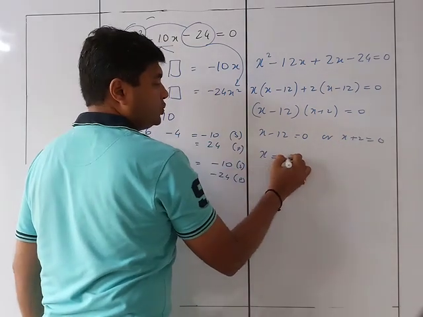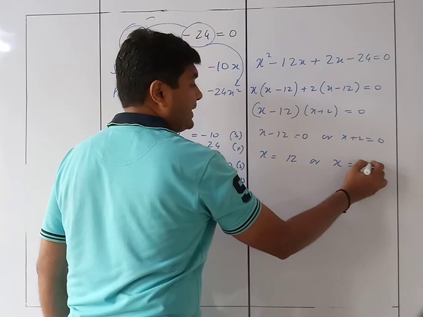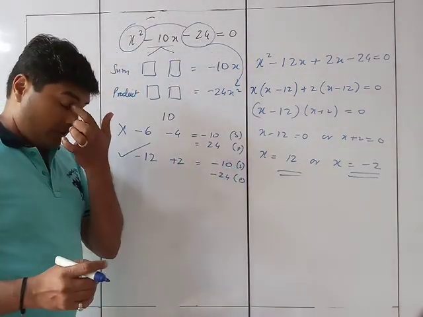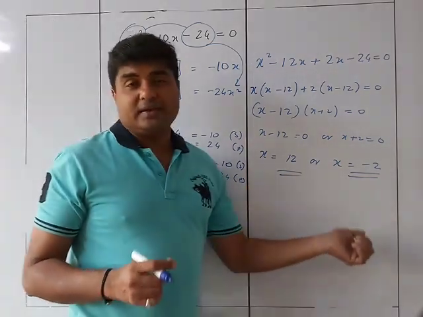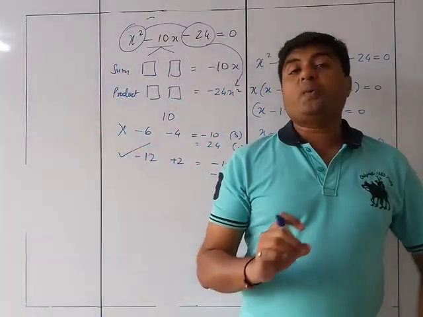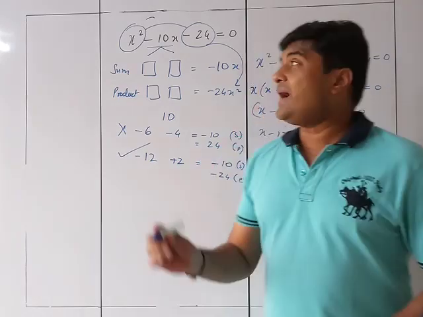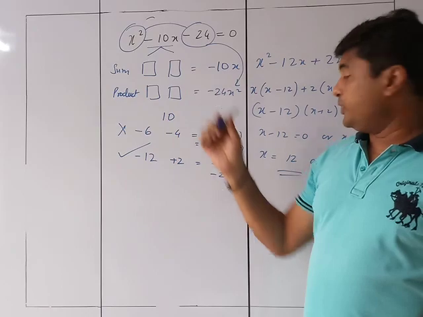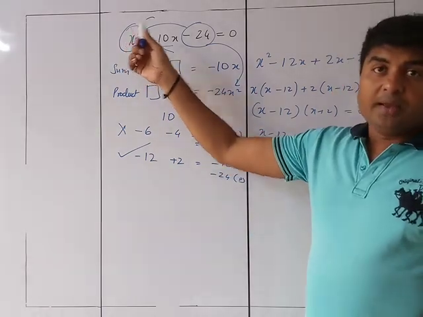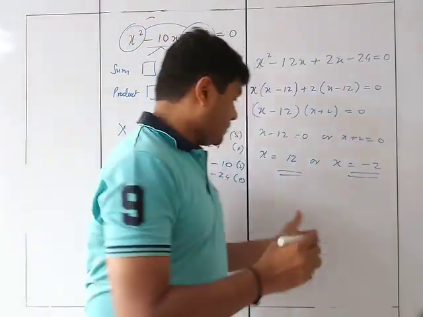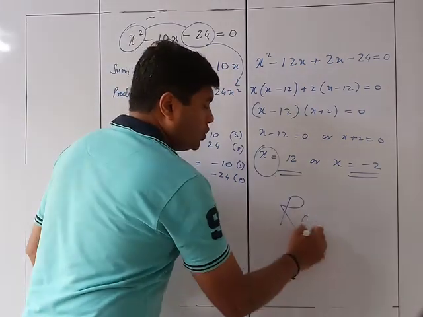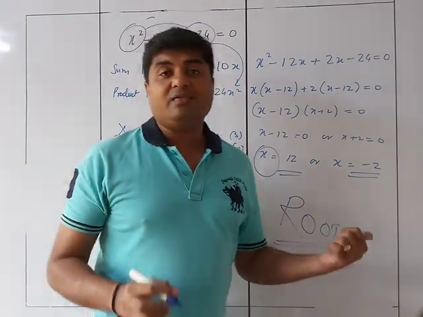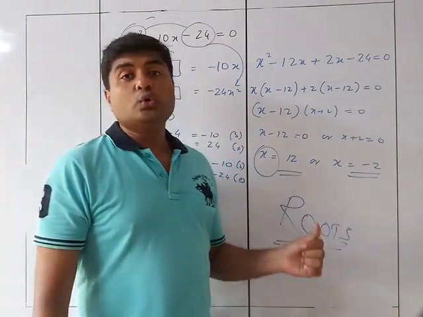Hence, x is equal to 12 or x is equal to minus 2 is the solution to this particular equation. That means the equation holds good if I put the value of x as 12 or as minus 2. Hence the values of x over here are called the roots of the equation.